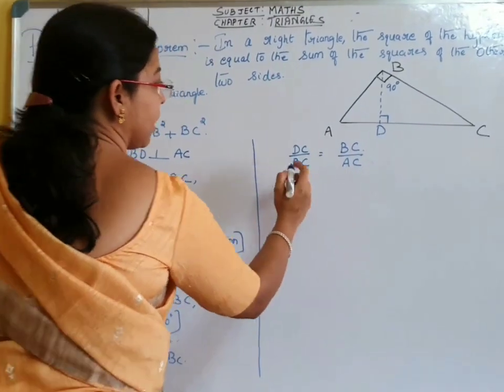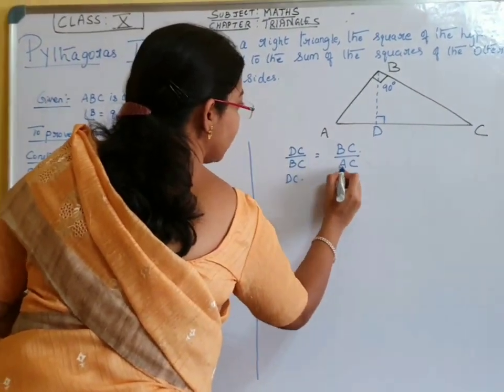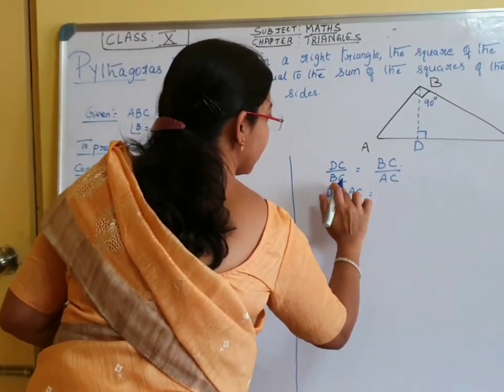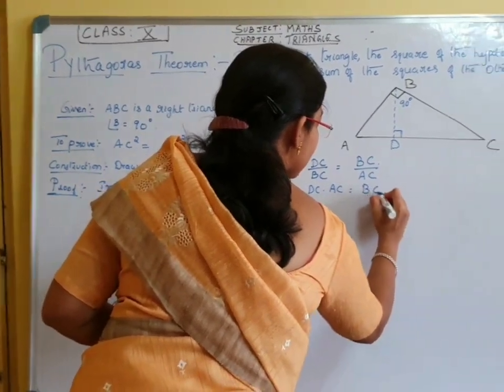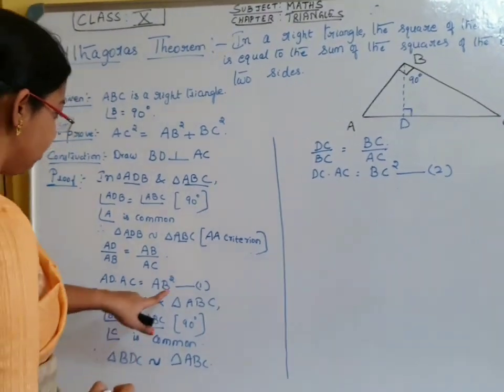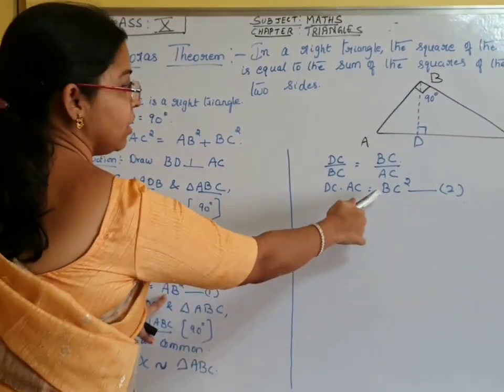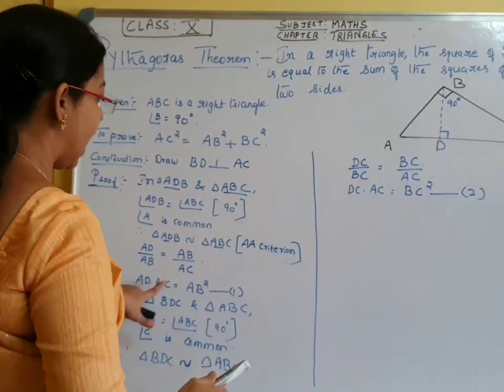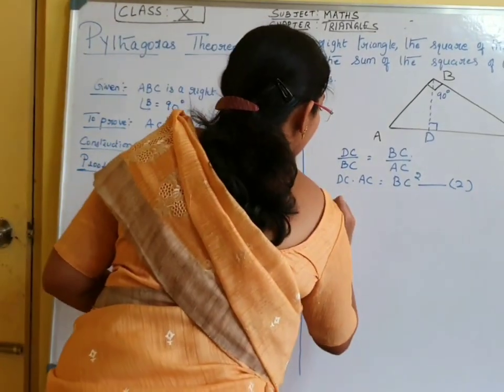Now cross multiply. DC into AC is equal to BC into BC, which is BC square. Name it equation 2. We have equation 1 here and equation 2 here. We will add these two equations.